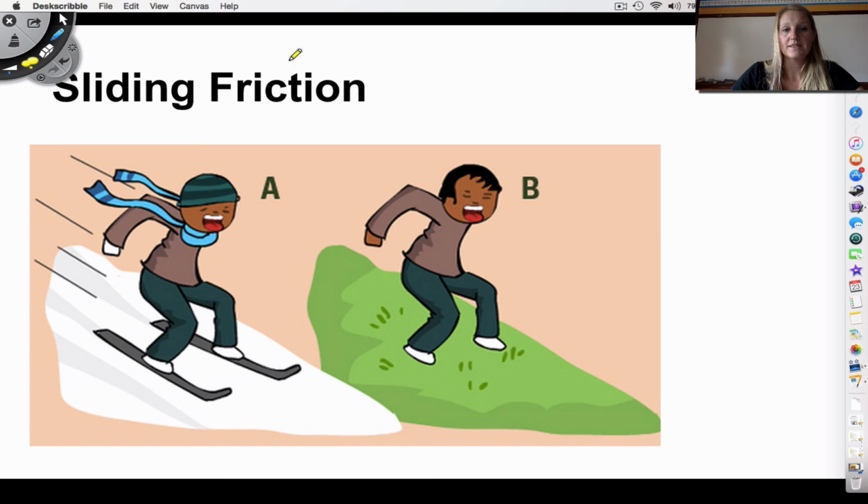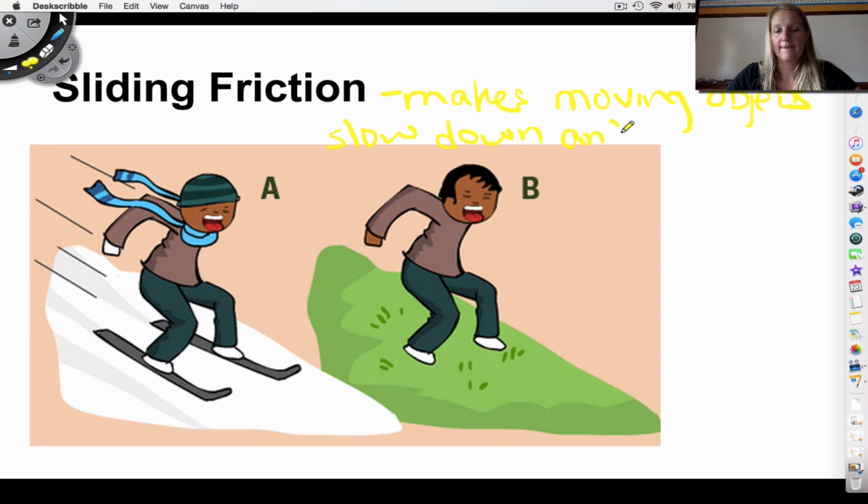What sliding friction does is it makes moving objects slow down and eventually stop. If you've ever gone to roll down a nice hill, you eventually slow down, and the reason for that is this sliding friction.